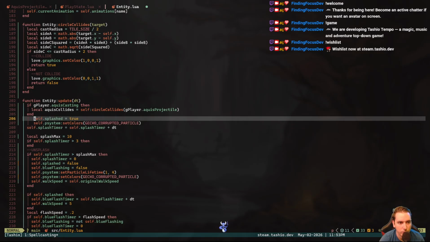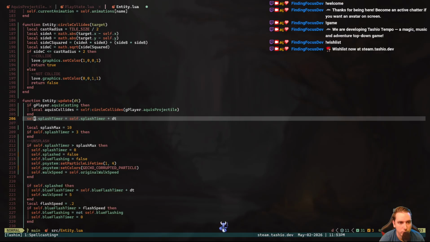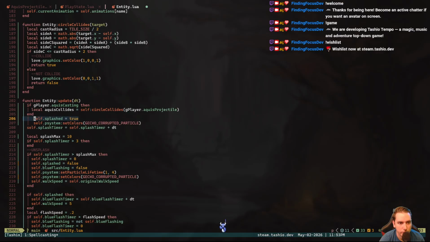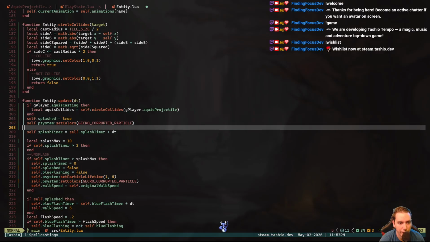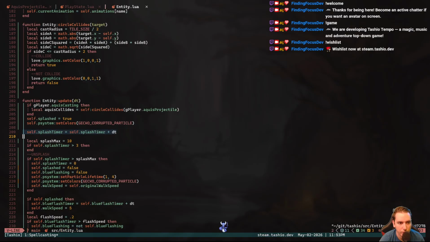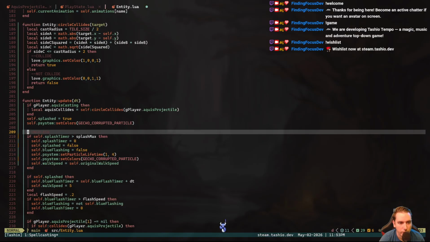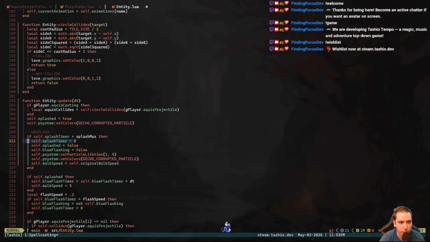What we do is this kind of stuff, which is become splashed. We change the particle system color. Then we have to also reset our splash timer. Oh, unsplash. Okay. So yeah, we need a timer for the unsplash trigger as well.